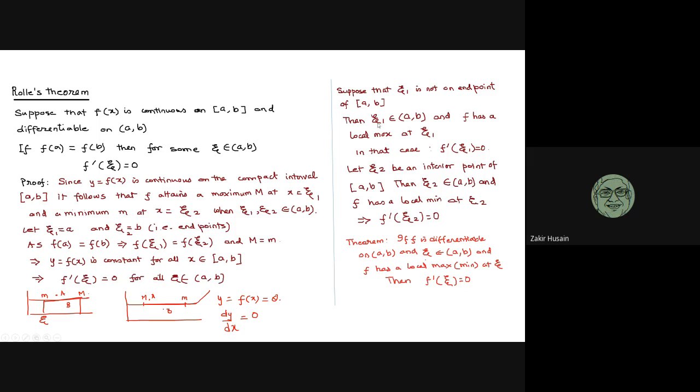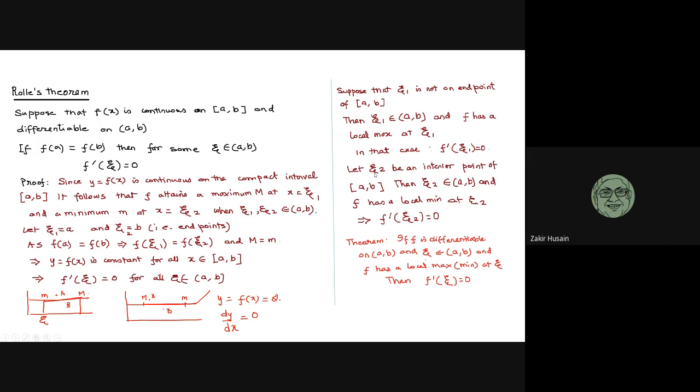So we have a local maximum at psi 1. In that case, f prime(psi 1) will be equal to 0 using this theorem. If f has a local maximum at psi, then f prime(psi) equal to 0.